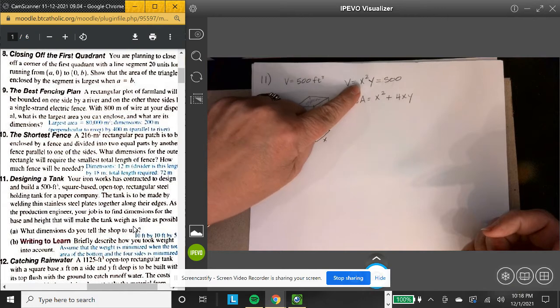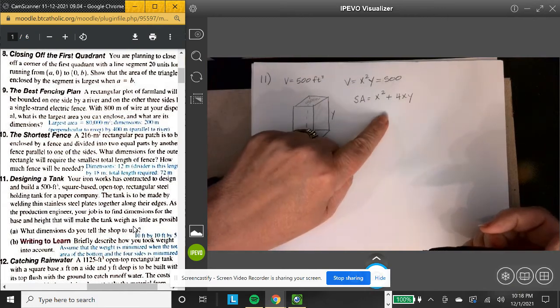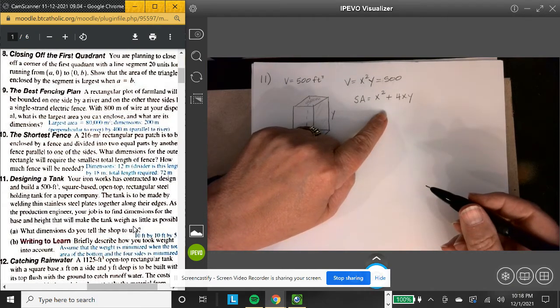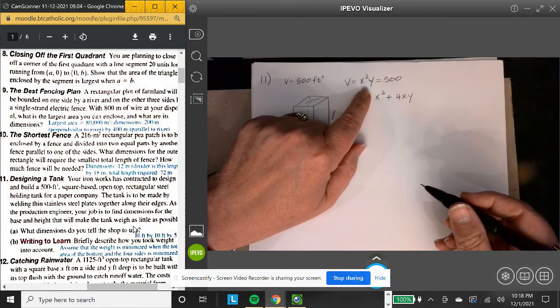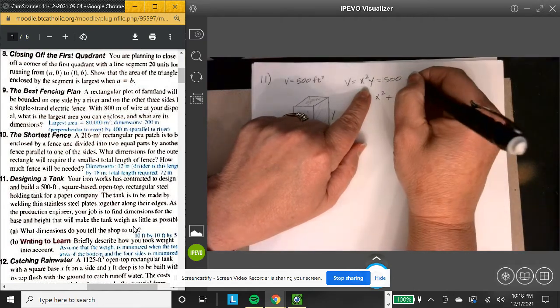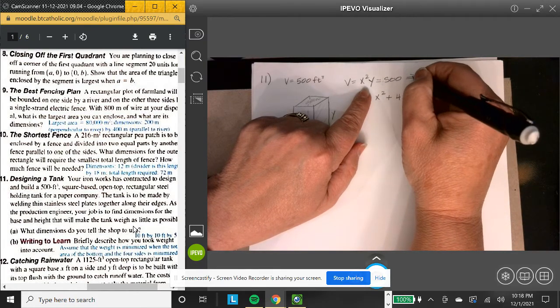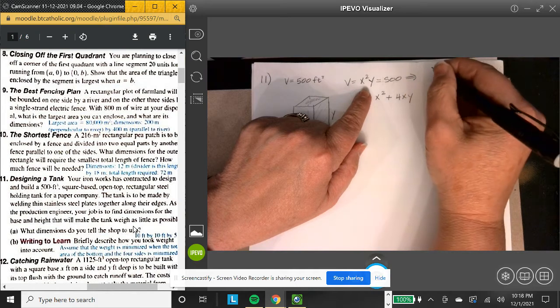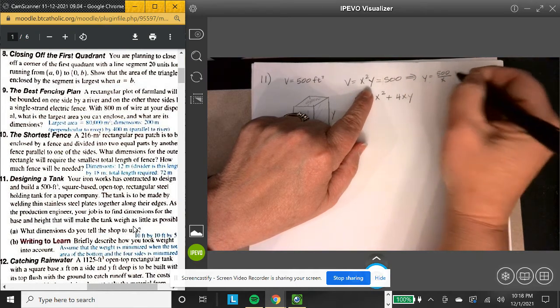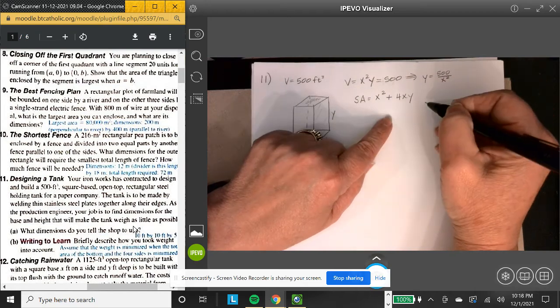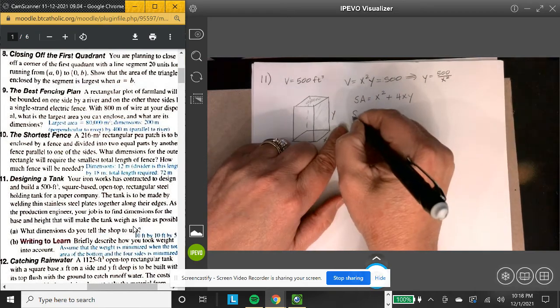But luckily for us, we have some information up here that will allow us to eliminate a variable. Okay, now I'm going to solve this for y because that's the easiest way to go. Because if I solve this equation for x, I'd involve square roots, and I might go screaming somewhere. But we won't. So y equals 500 over x squared, and I'm going to substitute into this equation, so I have a function of x only.